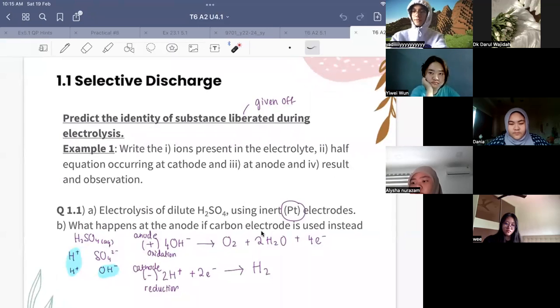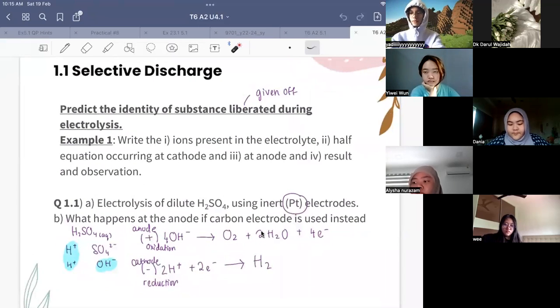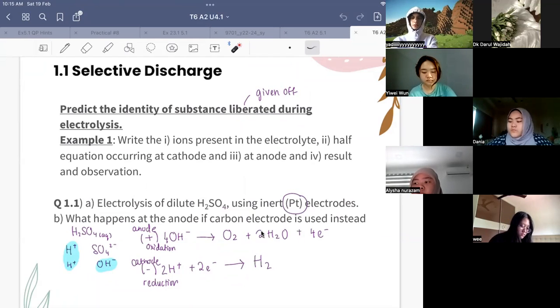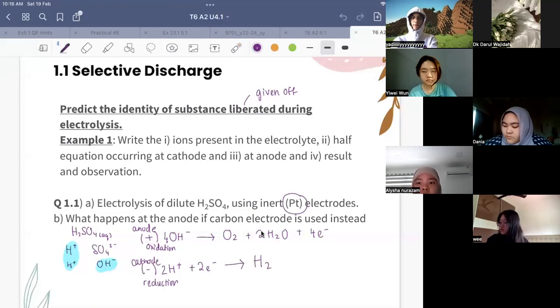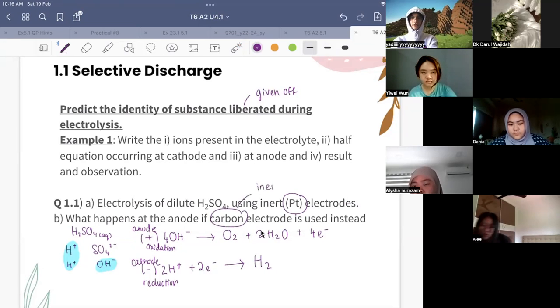In the last lesson, we looked at question 1.1. Basically, if we use dilute sulfuric acid as our electrolyte, what would be discharged and what is the reaction happening at each electrode? The first part we've answered. The second part: what happens at the anode if a carbon electrode is used instead? You need to understand that a carbon electrode is also inert, so the answer to question B is that there will be no change.